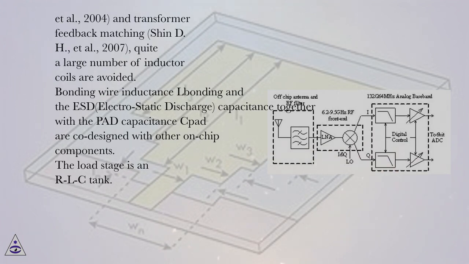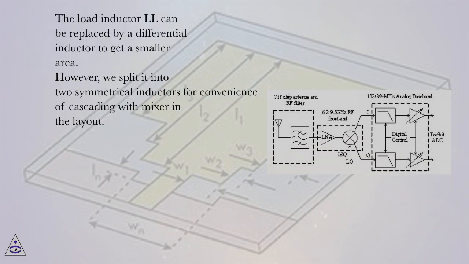Bonding wire inductance and the ESD (electrostatic discharge) capacitance together with the pad capacitance CP are co-designed with other on-chip components. The load stage is an RLC tank. The load inductor LL can be replaced by a differential inductor to get a smaller area. However, we split it into two symmetrical inductors for convenience of cascading with the mixer in the layout.